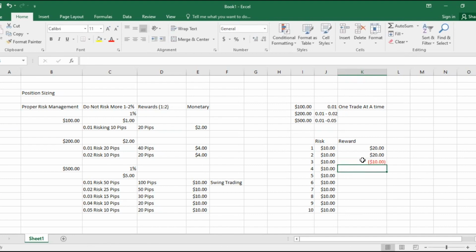So it will be negative $10. Because you have lost $10, it affects your psychology again, and you want to do maybe revenge trading, and what will happen is that you'll lose another $10. So you'll have, let's say, a streak of three losses.